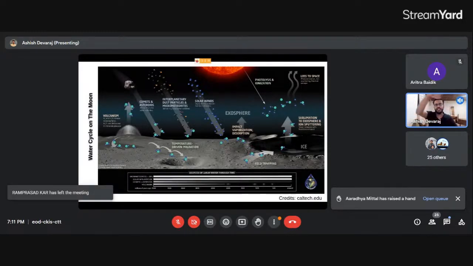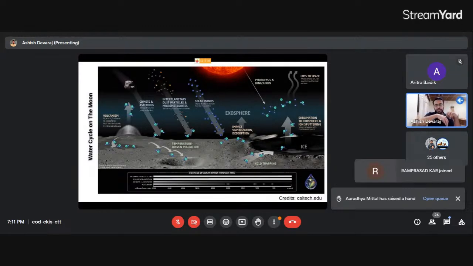From there it again gets a bit of temperature, hops again and falls at a different location. That mechanism is called hopping. After billions of years, these water molecules keep hopping throughout the surface of the moon. That's how water is transported on the surface of the moon. It's called a water cycle.